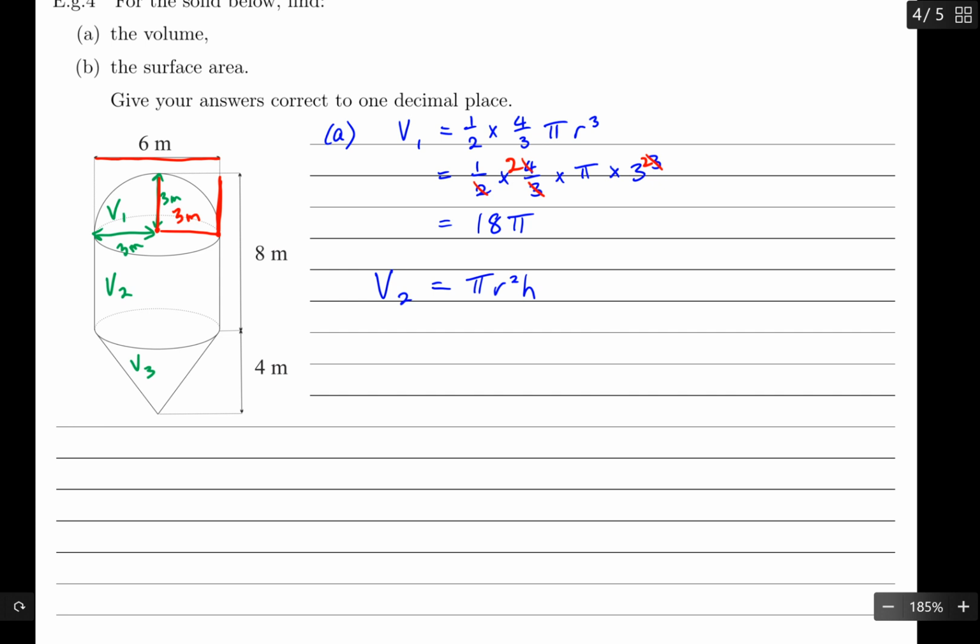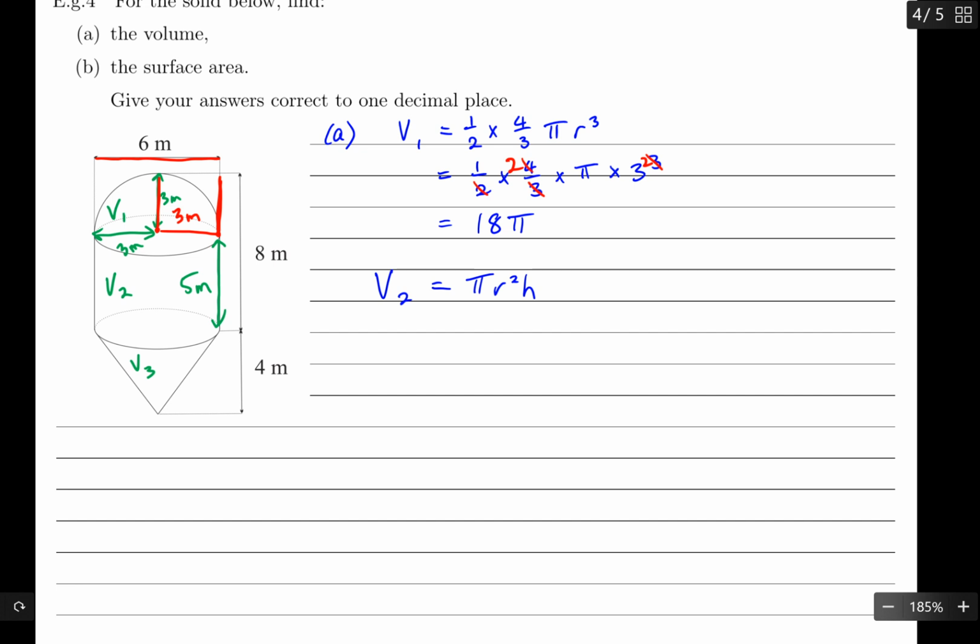We know the distance from the top to around here is 8 meters, but the distance from here to here is 3 meters. So the height of the cylinder is the difference between 8 and 3, which is 5 meters.